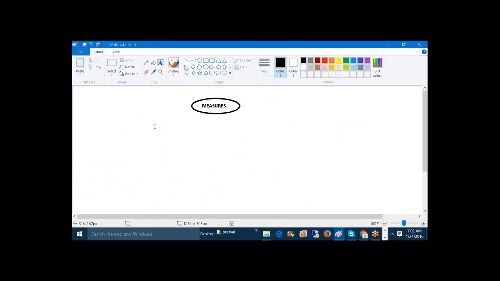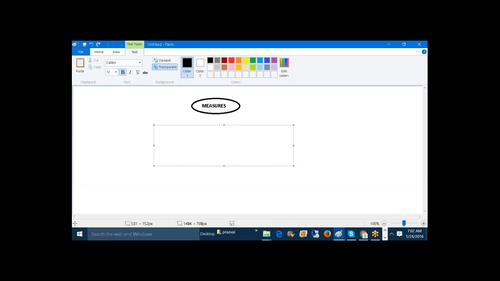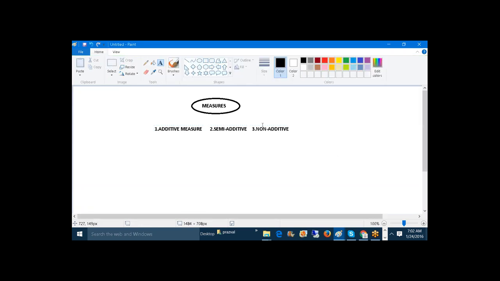The three types of measures are: number one, additive measure; number two, semi-additive; and number three, non-additive. So what is an additive measure?